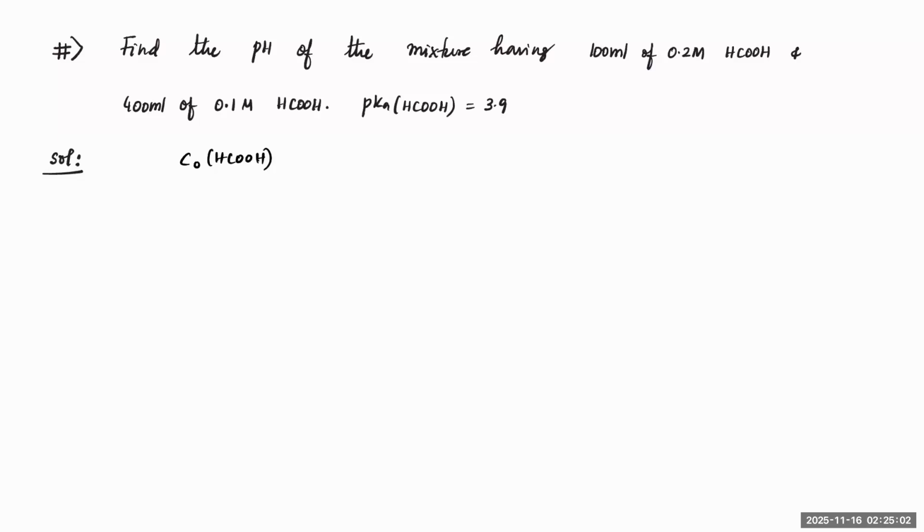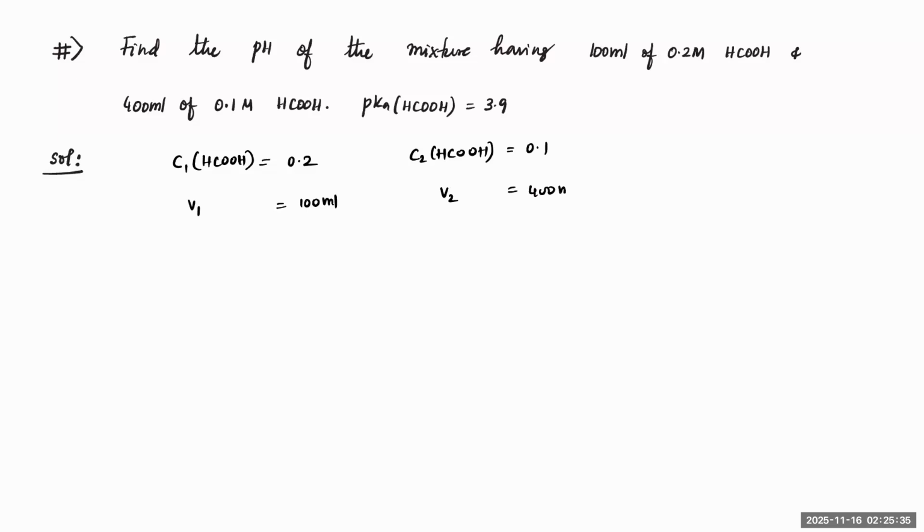Clear? Since it is the initial concentration, I'll take C1 of the first acid, HCOOH concentration, as, let's say, 0.2, and C2, which is the concentration of the same formic acid in the second solution, is 0.1. The volume V1 used here is 100 ml, and volume V2 used is 400 ml.